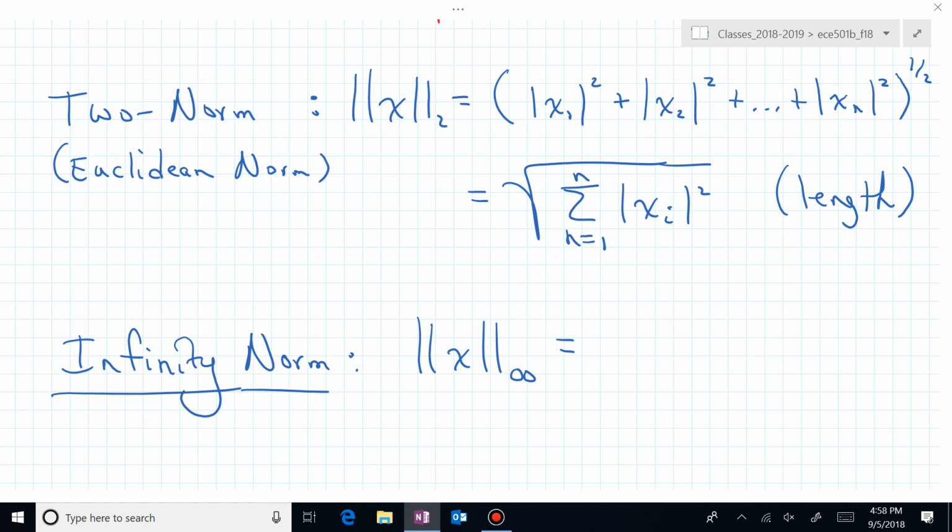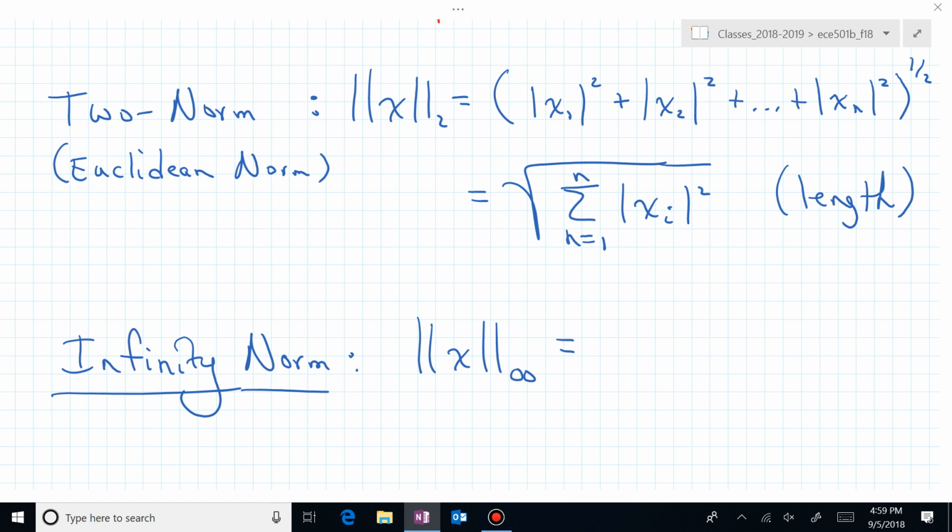Pardon? 7? I said minus 7, negative 7, and you're saying 7? Oh yeah, we're taking the absolute value, aren't we? Or the magnitude. So 7 is the absolute value of minus 7. Yes, we're just looking for the maximum absolute magnitude of the coordinate.